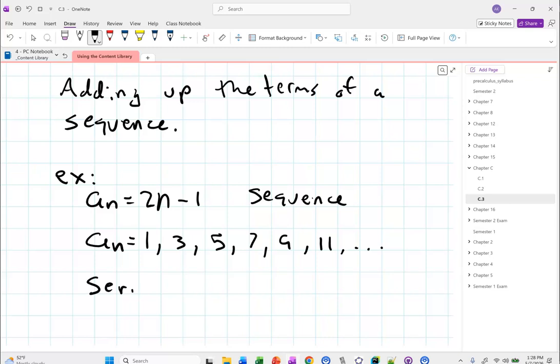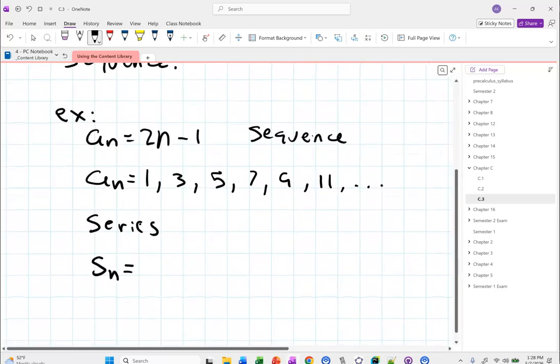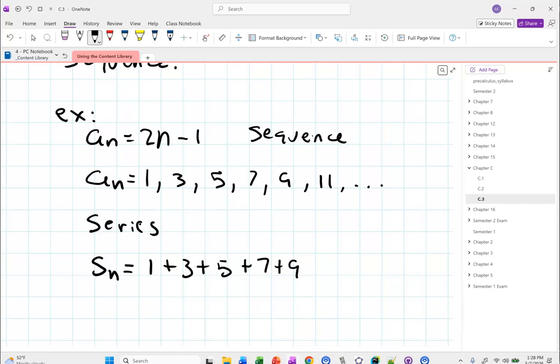And then our series, we'll use S sub n to abbreviate that, is just the terms of the sequence added together.